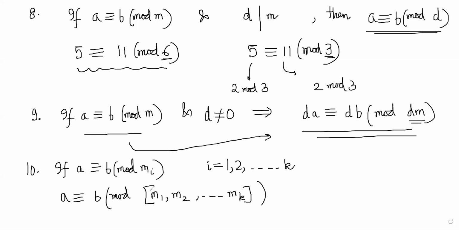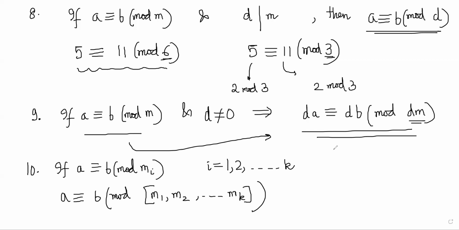This symbol, the square bracket symbol we have discussed earlier, stands for LCM. So here what we are saying is if A is congruent to B, let's say mod 3, and A is congruent to B mod 5 also, then A and B will be congruent to each other even for mod 15, where 15 is the LCM of 3 and 5. So these are the basic properties of congruences. Each of these can be proved using the definition of congruences.